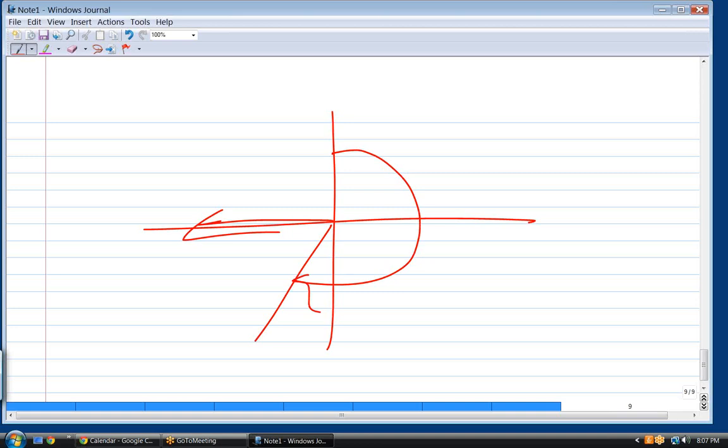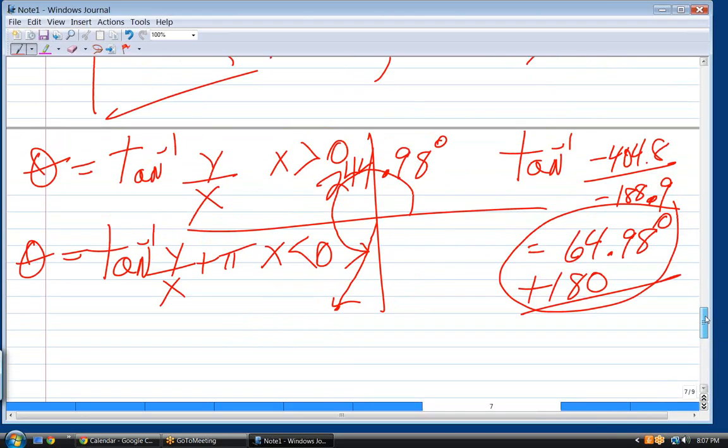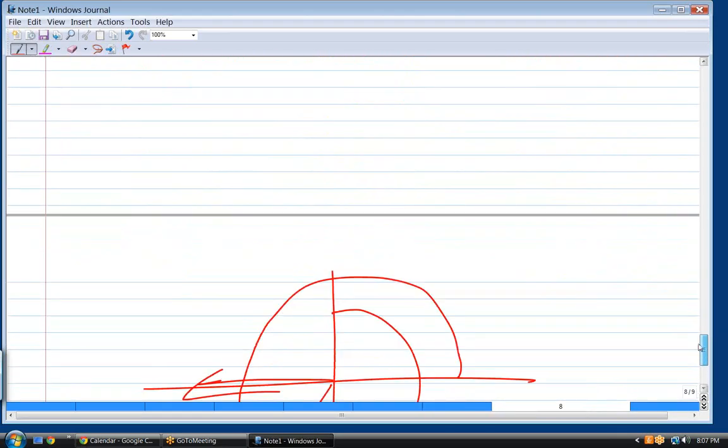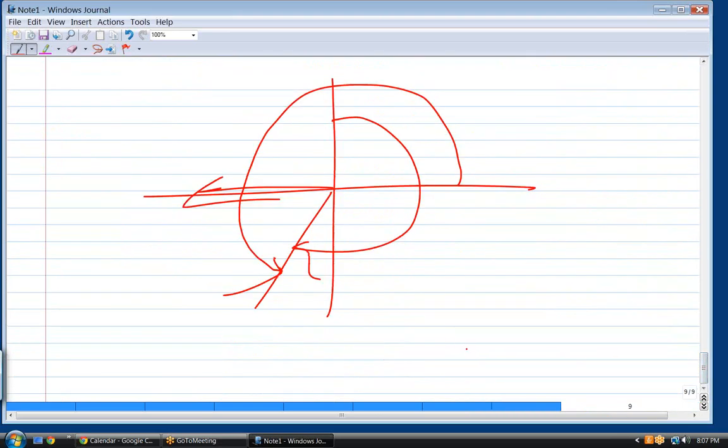Is that it? Yeah. The angle we came up with was this angle, measured counterclockwise, and that angle was 244.98. So subtract that from 360 and you get the bearing.